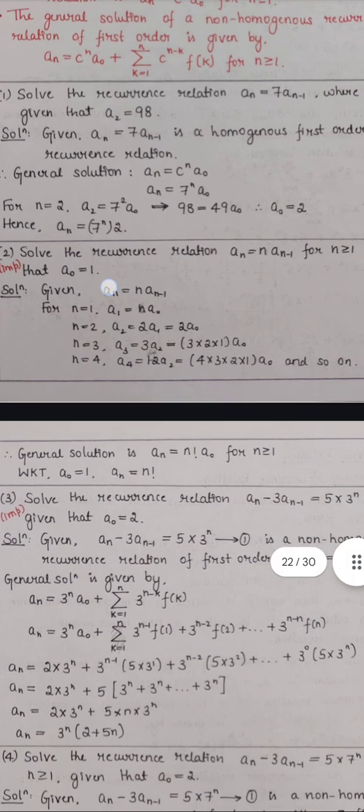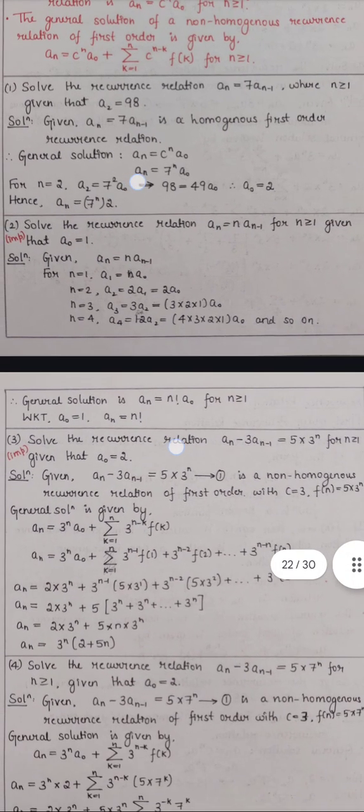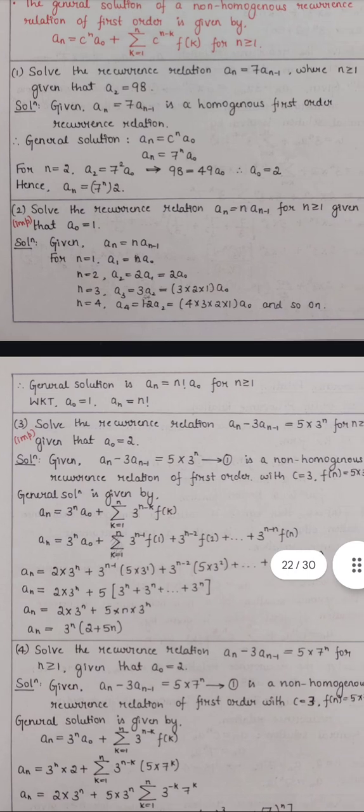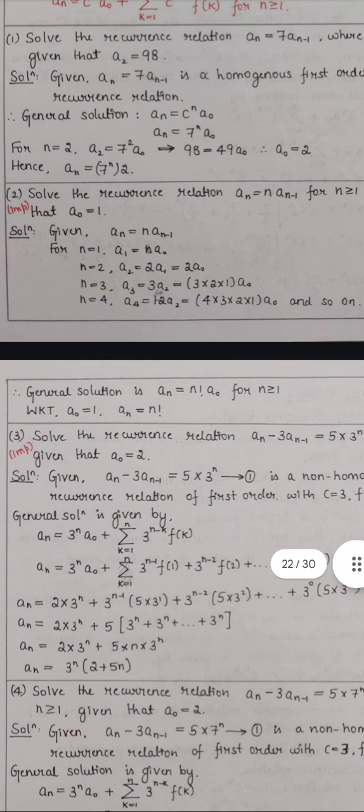Solve the recurrence relation a_n equals n into a_{n-1} for n greater than or equals to 1, given that a_0 equals 1. What is given? n into a_{n-1}. So a_0 is given, so we will find for n equals 1, 1 into a_0, that is equal to 1 only.